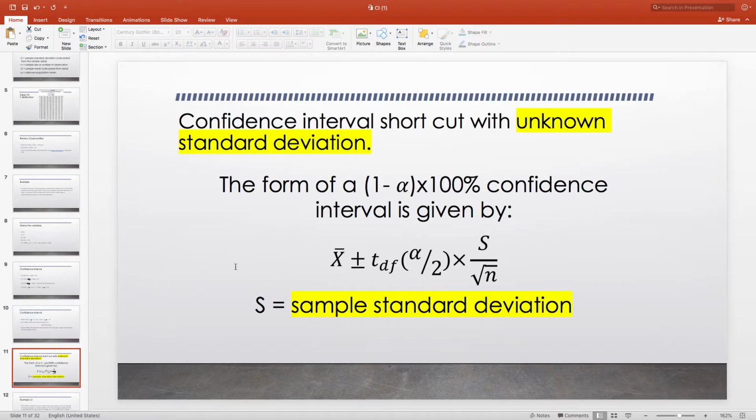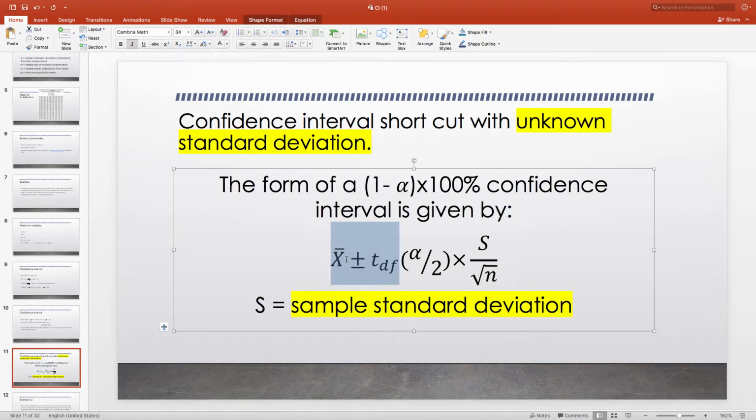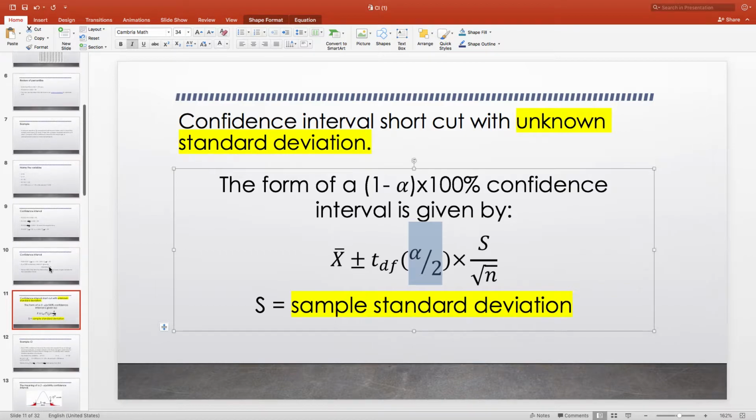Okay, so if I had to come up with the form of a confidence interval, it's going to be this: x bar plus or minus that number which comes from the t-distribution, times the sample standard deviation over root n. So if there's one thing that I want you to get from this lecture, it's that if you need to calculate a confidence interval, use this formula, okay? And the level of confidence is 1 minus alpha. So this alpha over 2 relates to the t-distribution, the number that you calculate, okay?